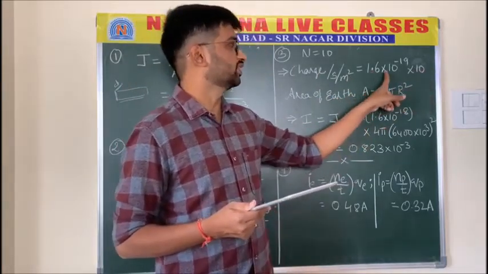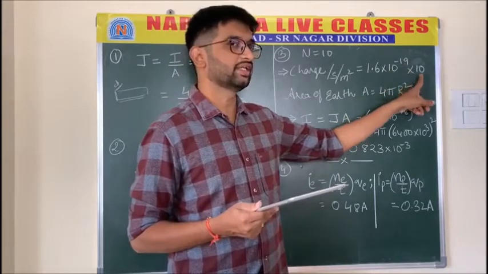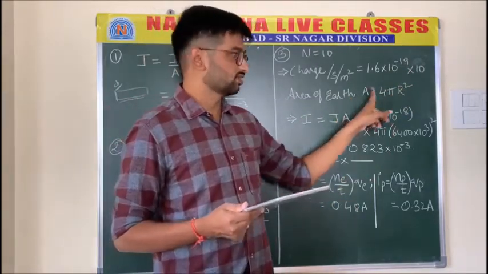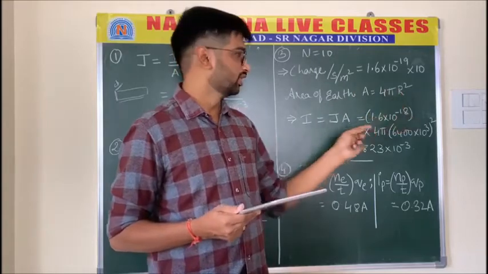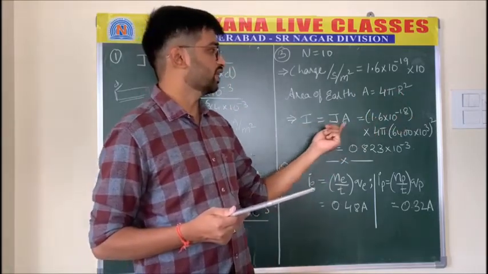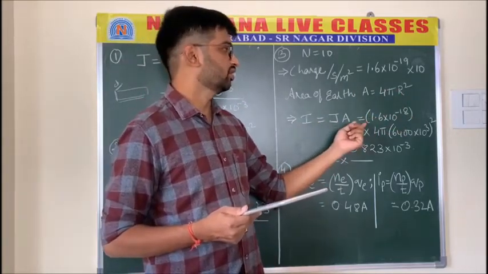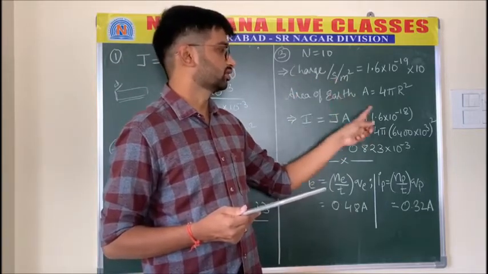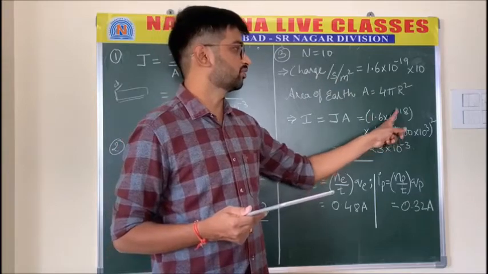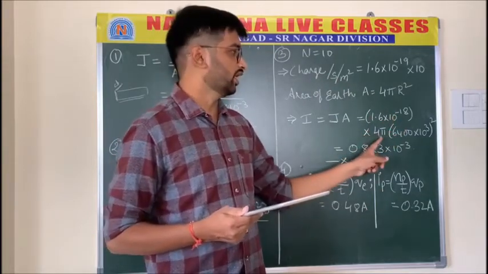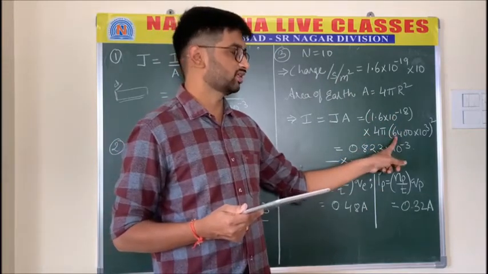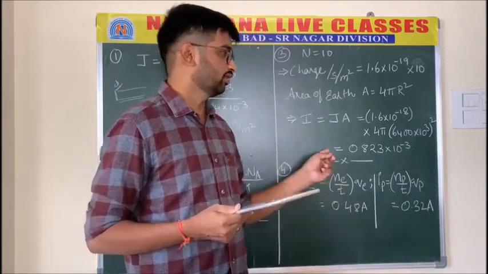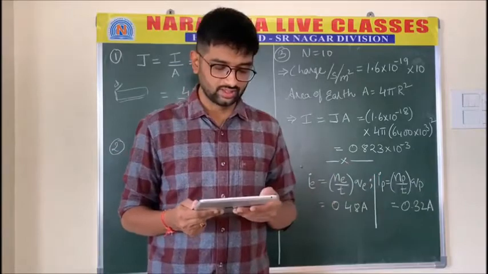So 1.6 into 10 to the power of minus 19 into 10. And we know that the area of the Earth is 4 pi r square, and hence current I is equal to J into A. So J is this one, that is charge per second per meter square. So that is 1.6 into 10 to the power of minus 18, and area is 4 pi into radius of Earth, which is 6400 into 10 to the power 3, squared. So solving, we get this answer.